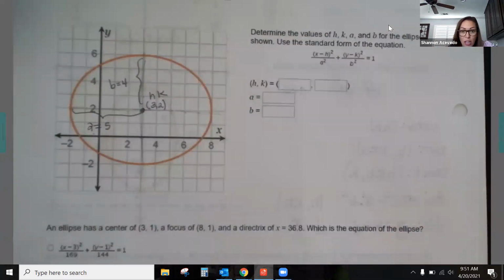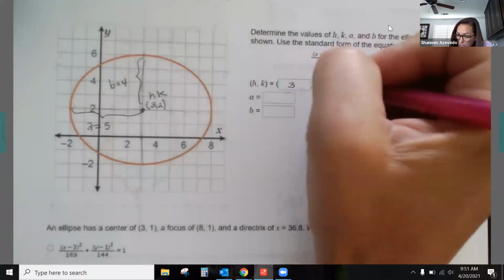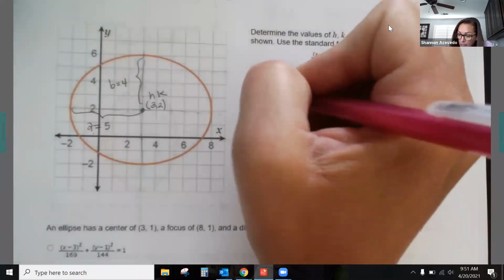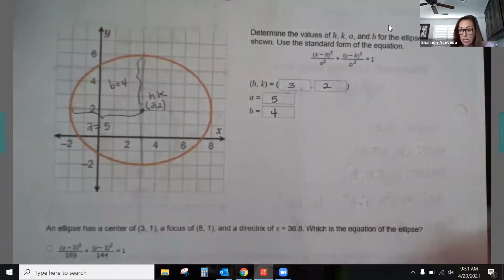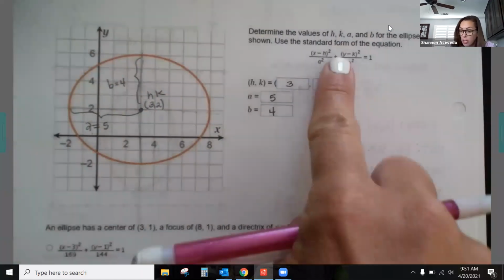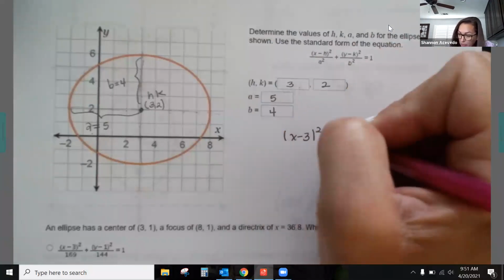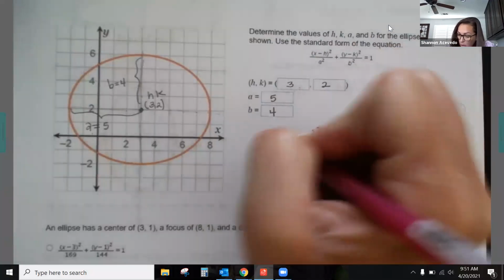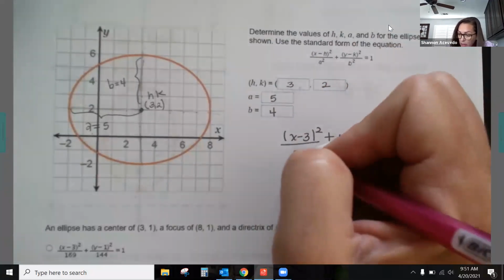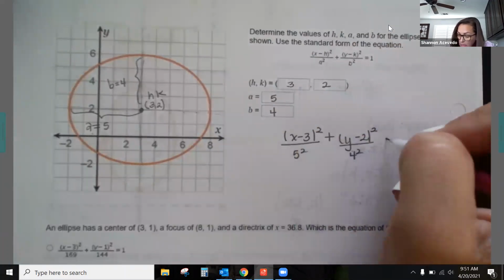So I have everything I need to write an equation for this. My H, K was 3, 2, my A was 5, and my B was 4. If I want to write this ellipse as an equation, it would be x minus 3 squared plus y minus 2 squared, all over A squared and B squared, equal to 1.